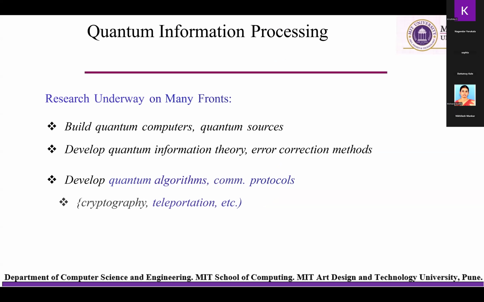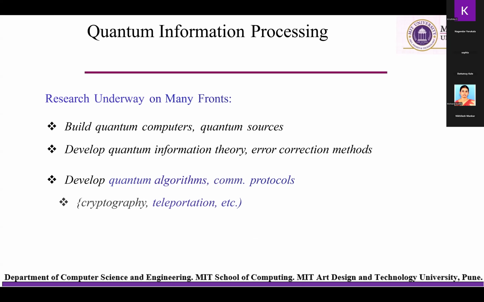Quantum information processing is a rapidly advancing field with research focused on several key areas. One major front is the construction of quantum computers and quantum sources, which are essential for realizing the potential of quantum computing.